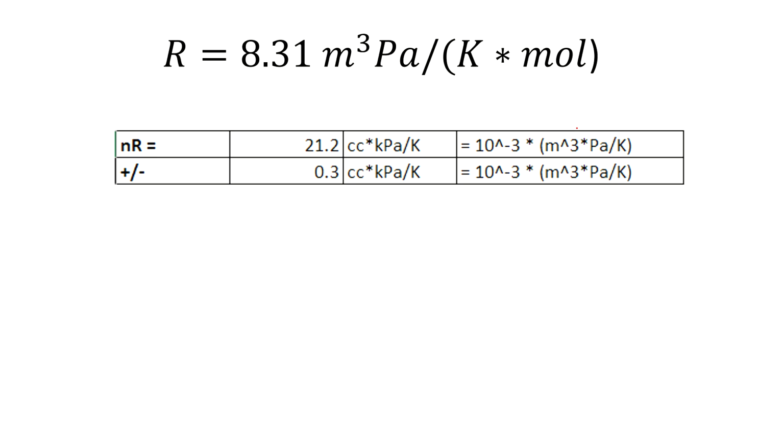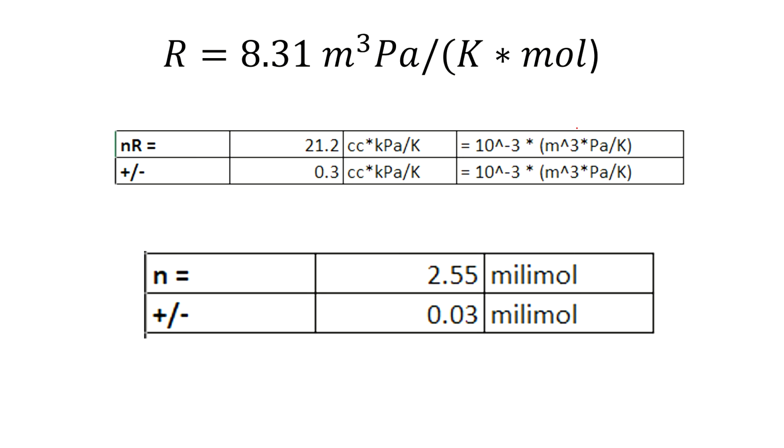A million cubic centimeters makes a cubic meter, so a cubic centimeter is 10 to the minus 6 cubic meters. Also, because it is in kilopascals, the 10 to the minus 6 is multiplied by 10 to the 3. So at the end, it's the same units as R, but times 10 to the minus 3, or 1,000 times smaller.